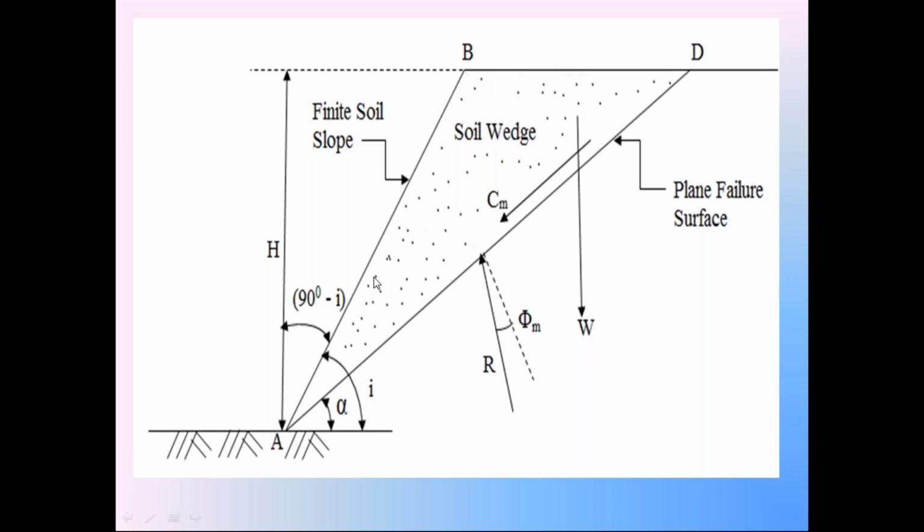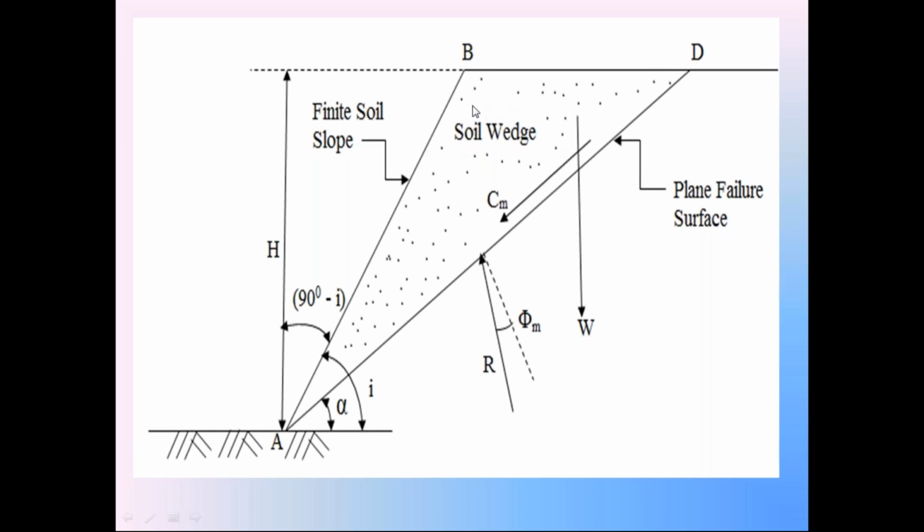The portion of soil in the triangle ABD is called the soil wedge. Find out the weight of the soil wedge W. We know that weight is equal to unit weight gamma into the volume of this soil wedge.